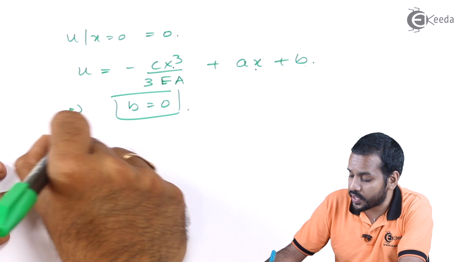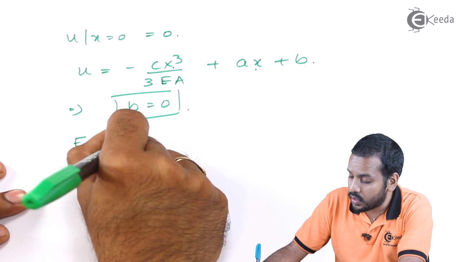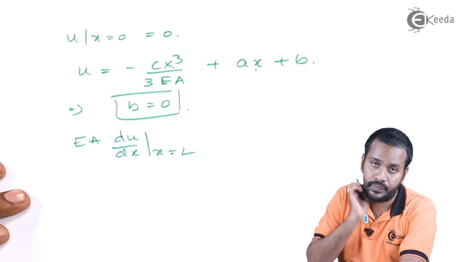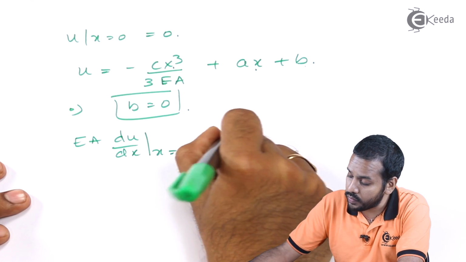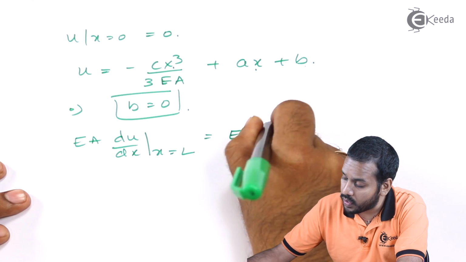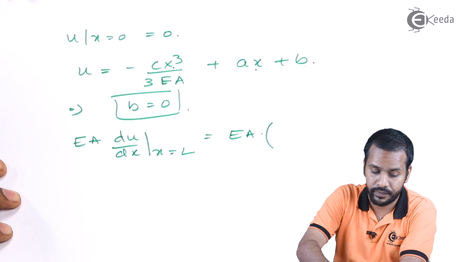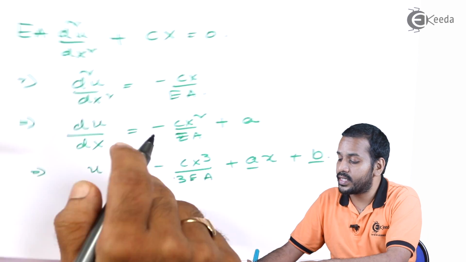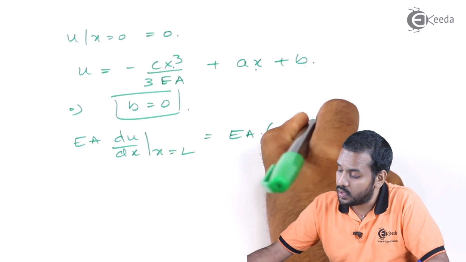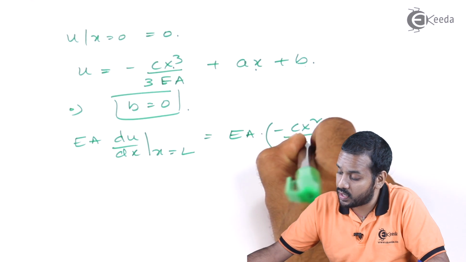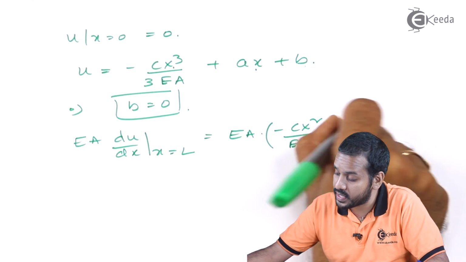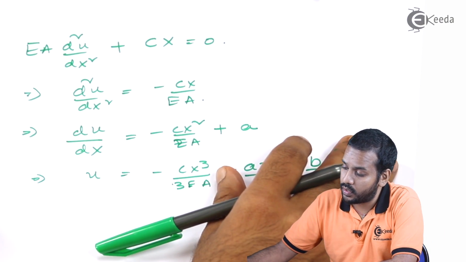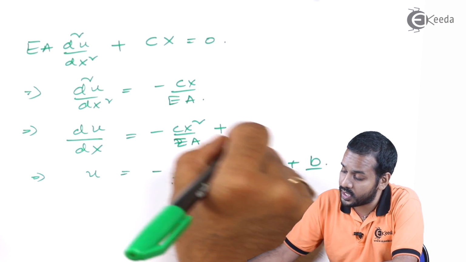And the second boundary condition? EA du by dx at x equal to L. What is du by dx? We already have it: minus Cx square by EA plus A. Again I made a silly mistake.